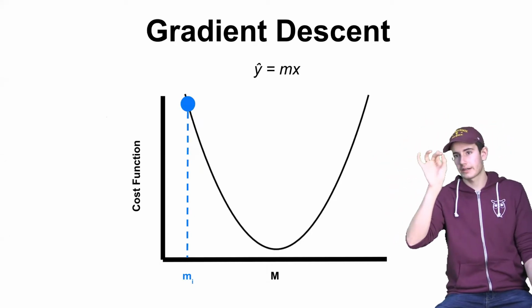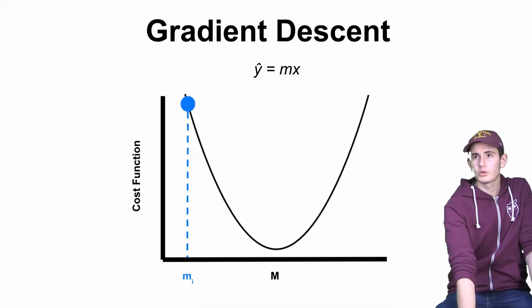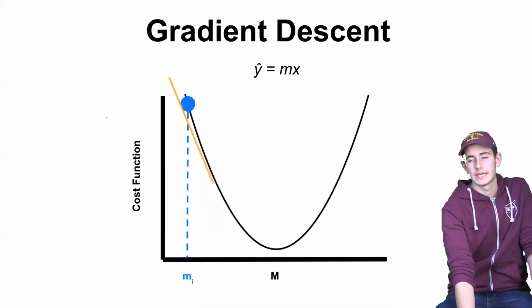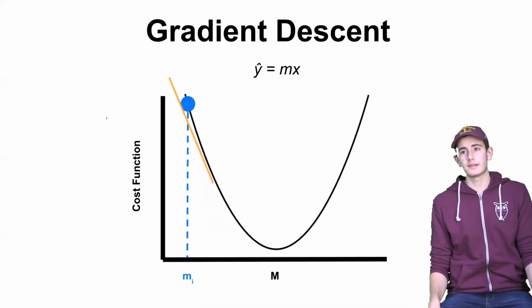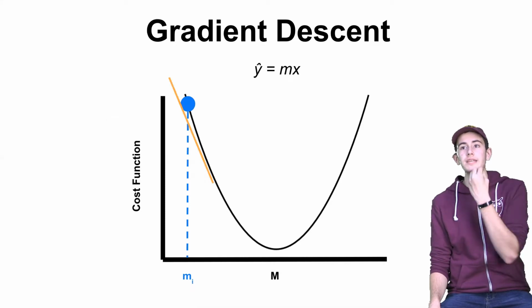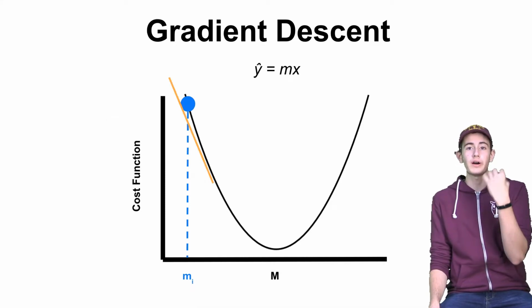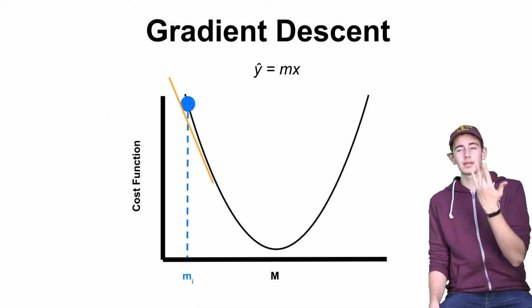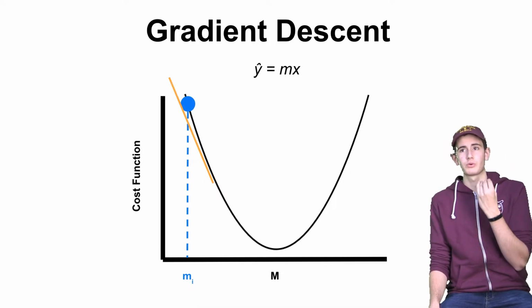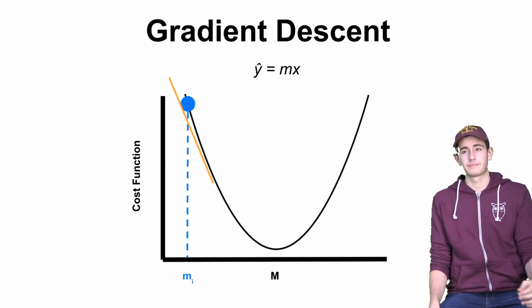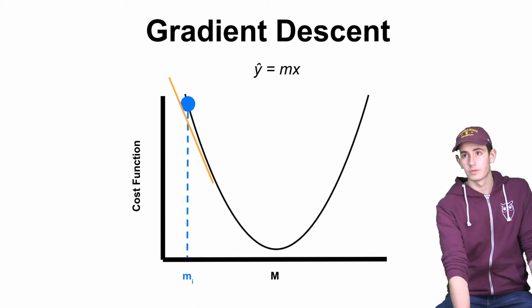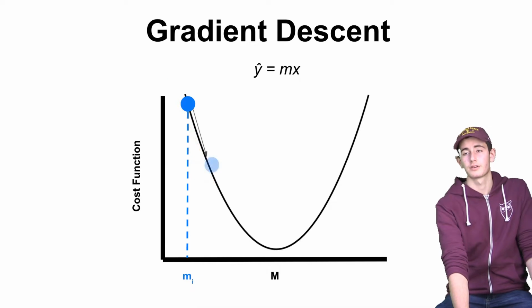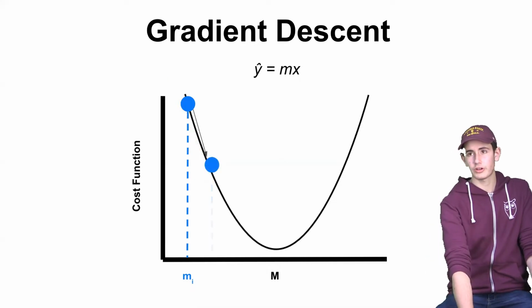We need to try to find the exact value of M. So what we'll do is we'll take the gradient, and the gradient is the direction of steepest descent. So positive gradient would give us the direction of greatest ascent, and the negative gradient would give us the direction of greatest descent.